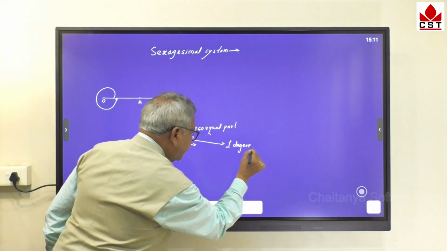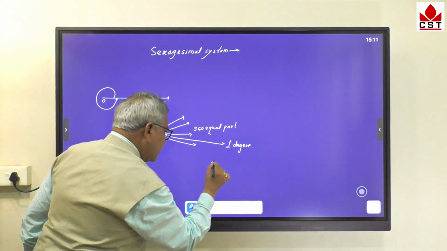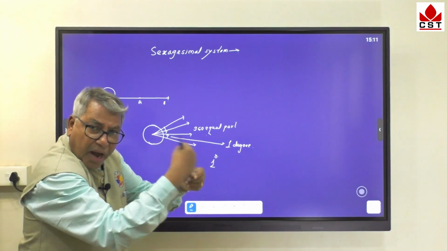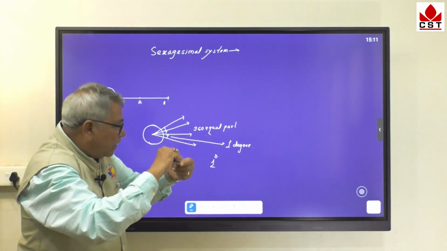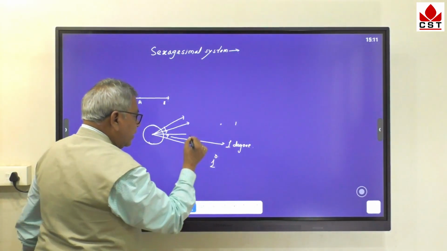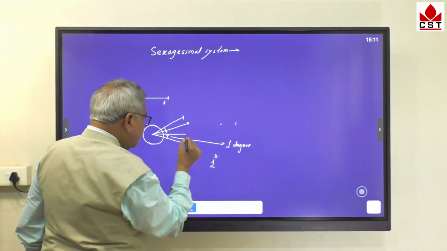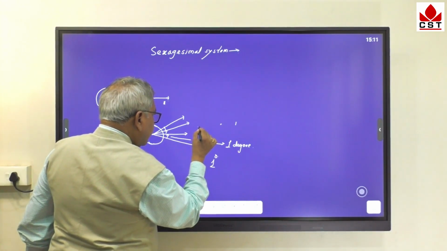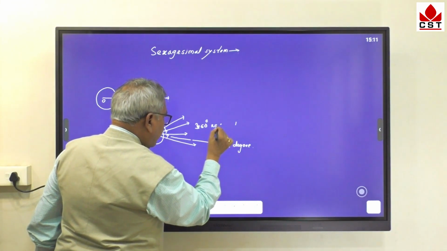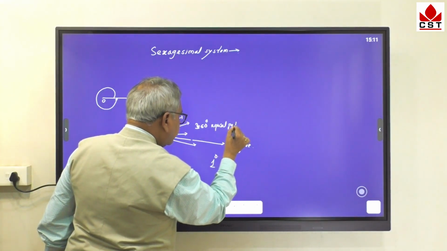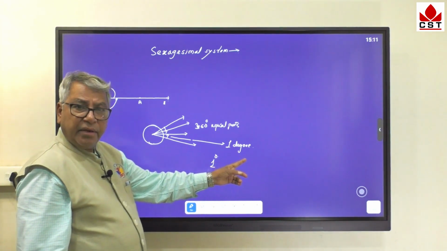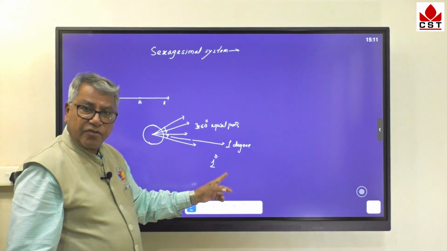This is a degree, denoted as 1 degree. So total round, a complete angle, is divided into 360 equal parts, right? Each part is called 1 degree, denoted as 1 degree, like this.